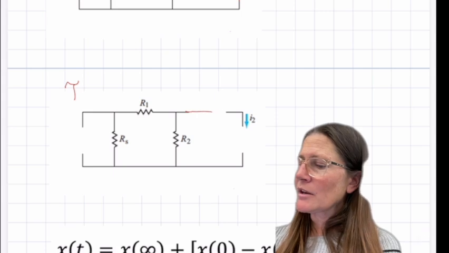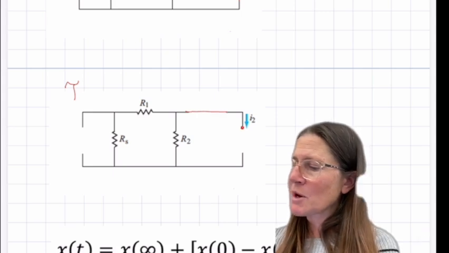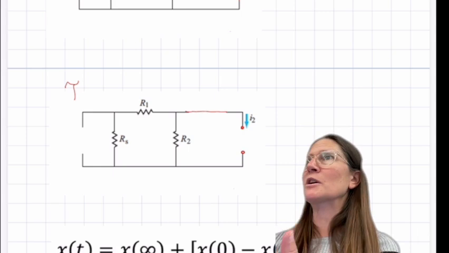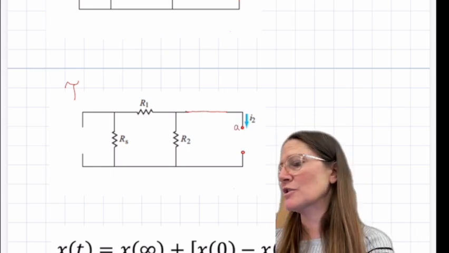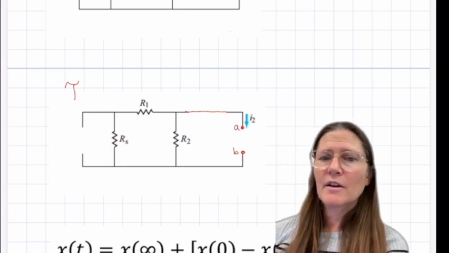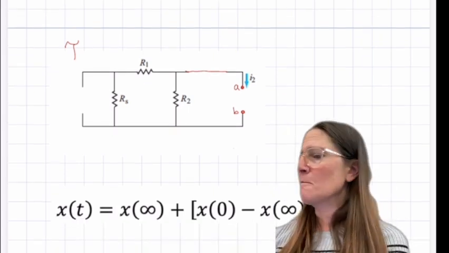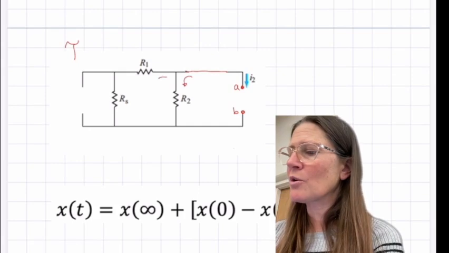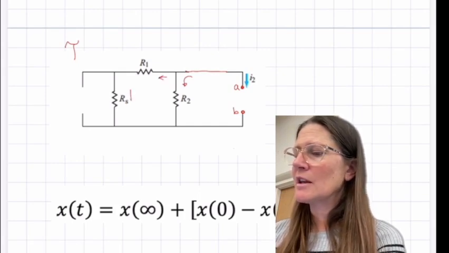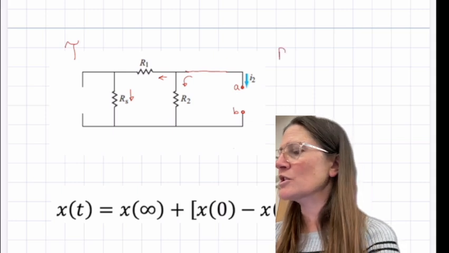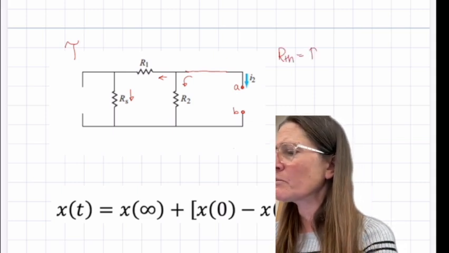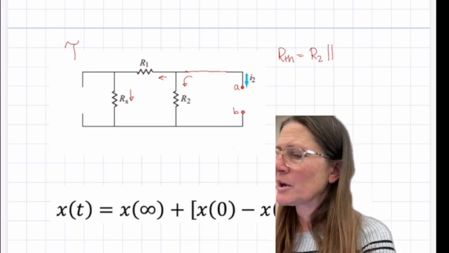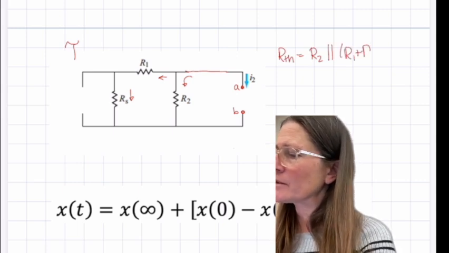Tau then is going to be, so for tau, remember, you're going to take out the element and put A to B on the locations of the sides of it. So A to B, this is going to go and split, and then this one goes through. So the RTH will be R2 in parallel with R1 plus RS.